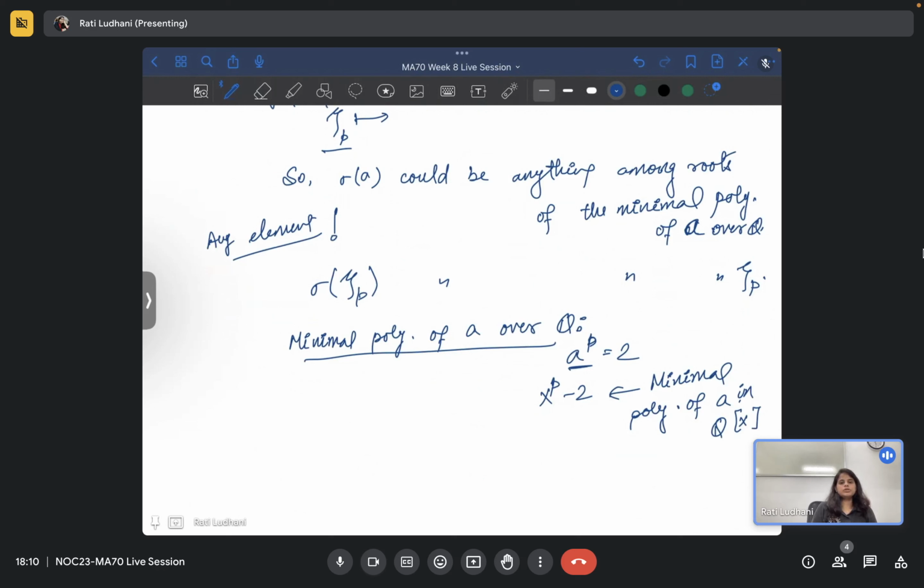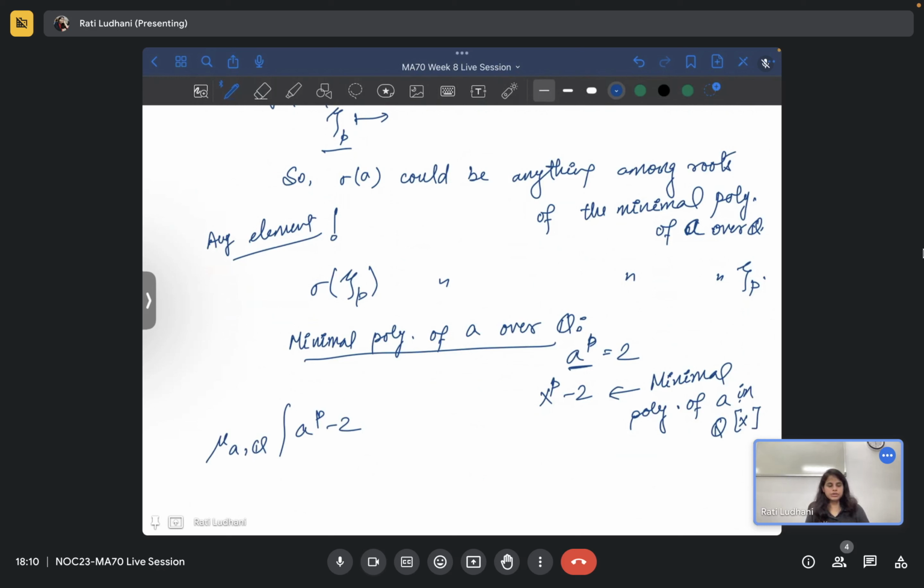So for minimal polynomial, what do you have in terms of the options? So a raised to power p is equal to 2. So that is some polynomial of which a is a root. Then can you have some lesser degree polynomials? So if you take mu of a in Q, can you find something?